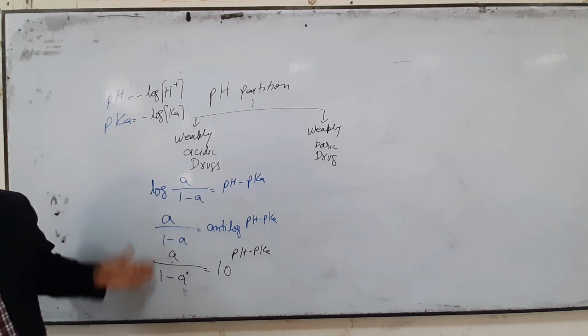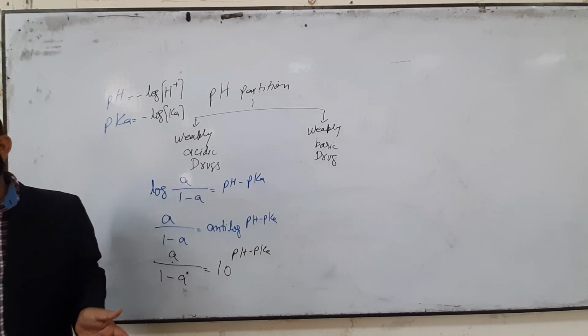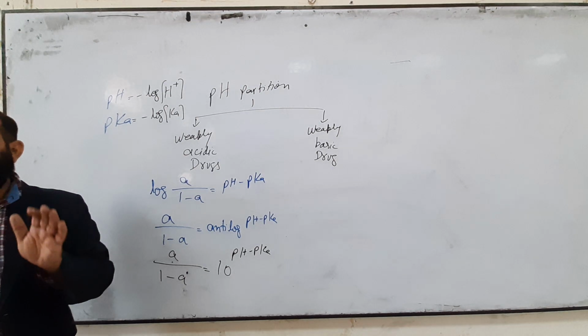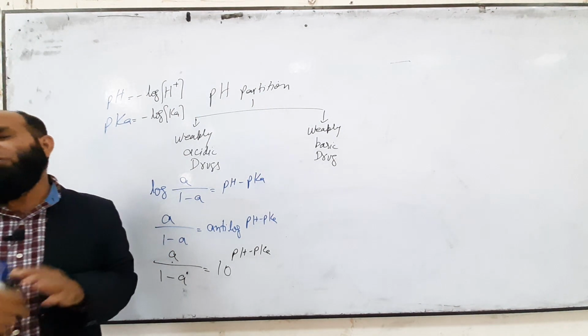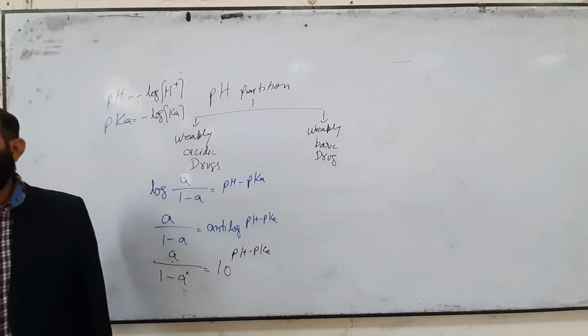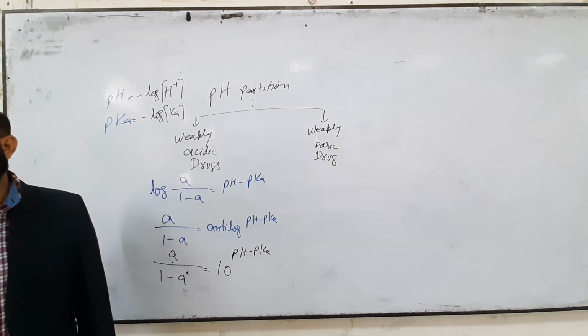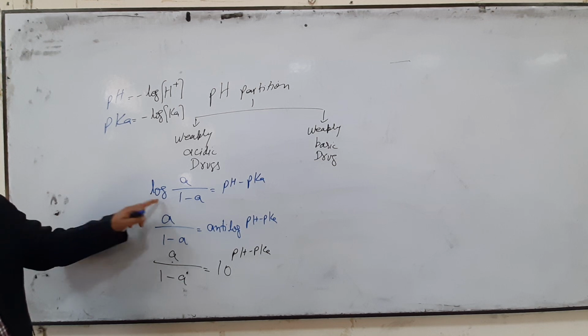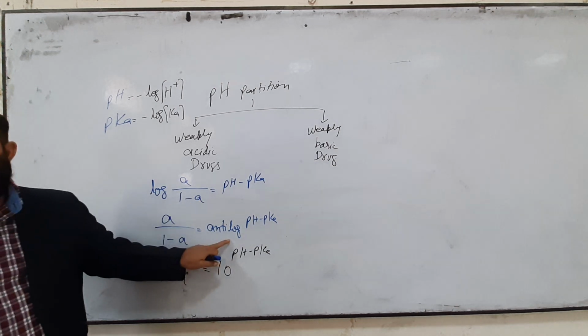These are the three different ways to write this equation for the weakly acidic drug. I have used the same words, but I am just modifying the values by taking the anti-log, and the log will be cancelled.